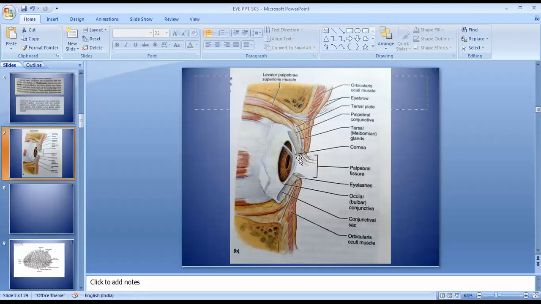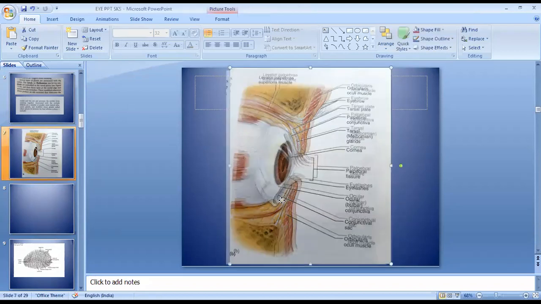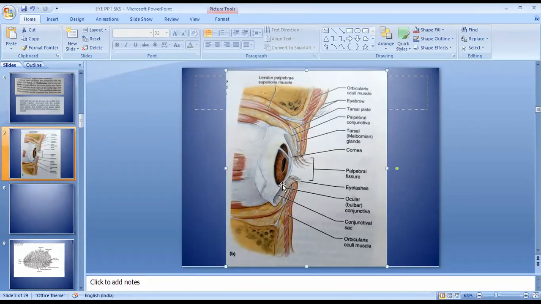This is the surface of the conjunctiva and it folds back in the eyelid. Can you understand this? So this folding causes the conjunctival sac. Okay, so it starts from here, the inner surface of the eyelid, and it covers up the surface of the eye, and then again it continues to the inner surface of the upper eyelid.